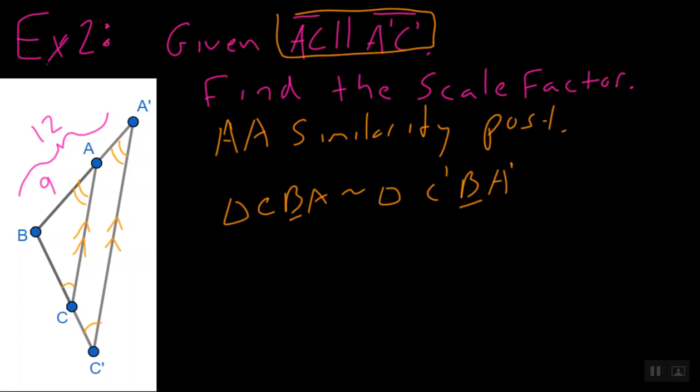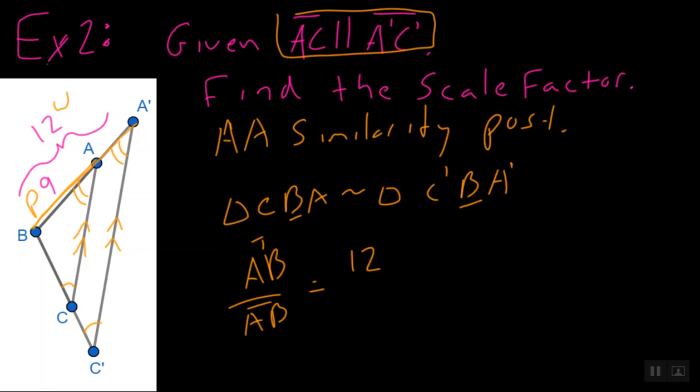Now, from here, if we want to find the scale factor, notice that this 12 is actually the whole line from B to A prime, and that AB, that 9, is going to be our part. So it's going to be important in our next section to think of wholes and parts, but we could say this. When we're going from A prime B to A B, we want to find our scale factor by dividing.